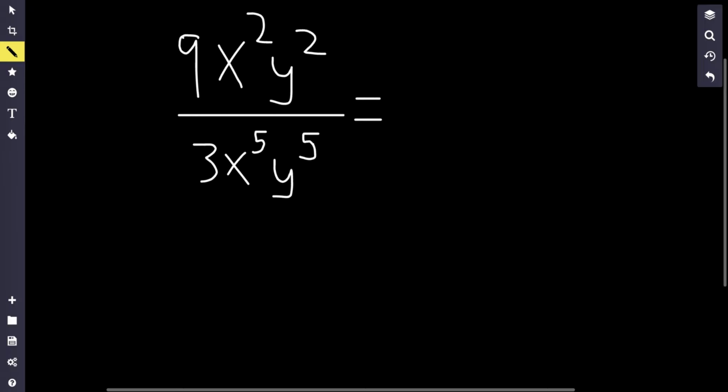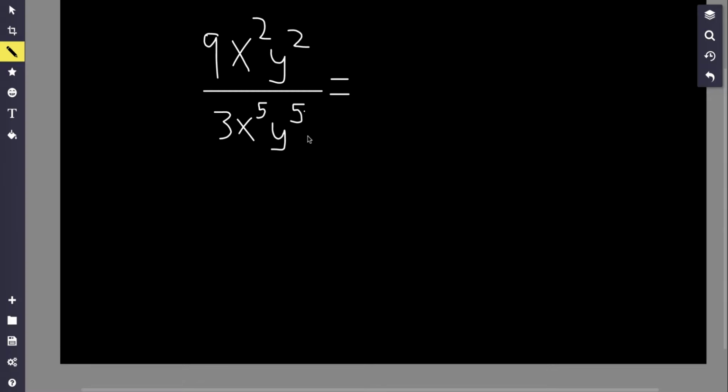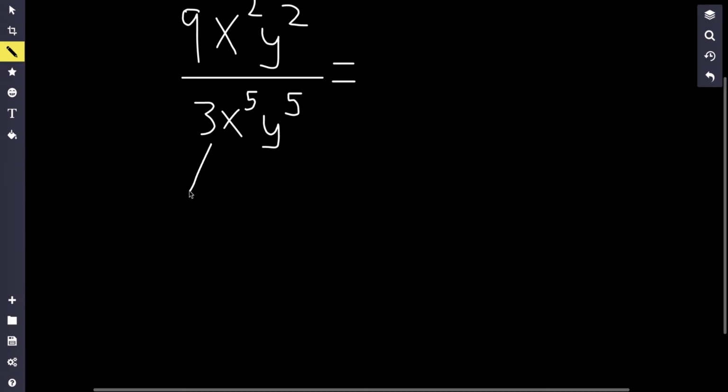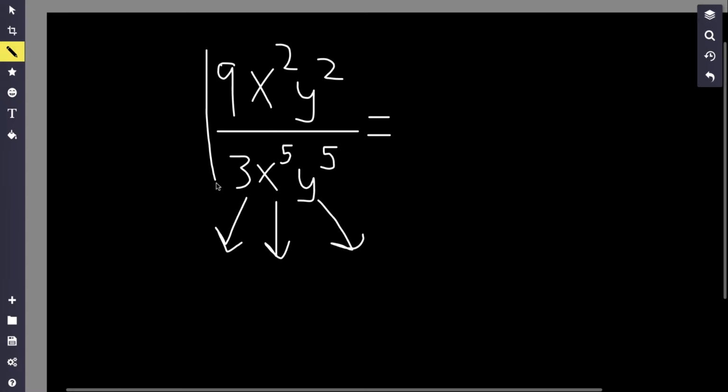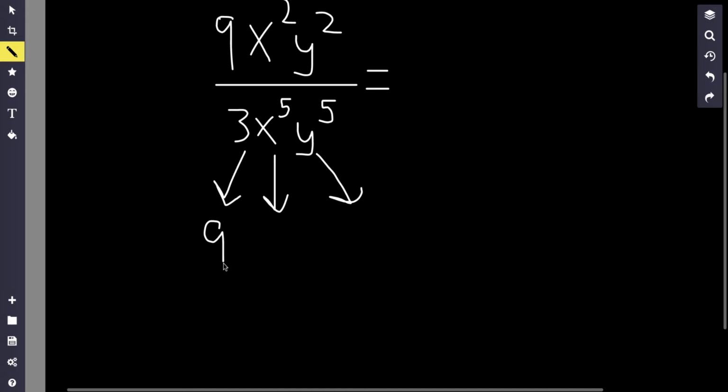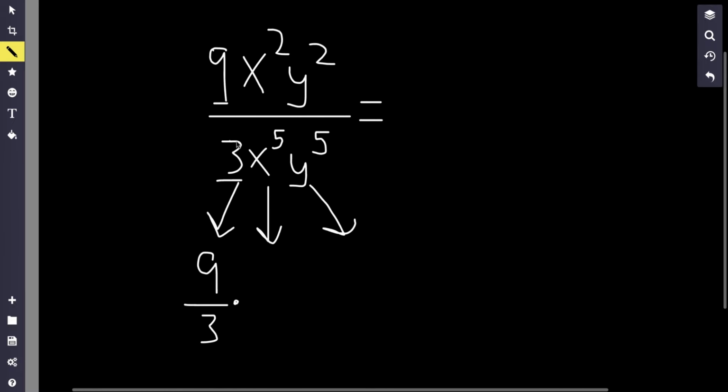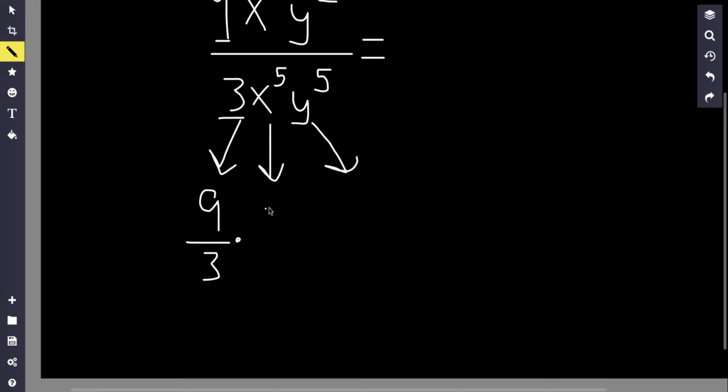Well, once again, I'm just going to use the simple fact that I can separate this into 3 fractions. I can separate this into a fraction that contains only the numbers, so 9 divided by 3. Those are our numbers. Multiplied by, I can separate this fraction into only the x's, so x squared divided by x to the 5th power.